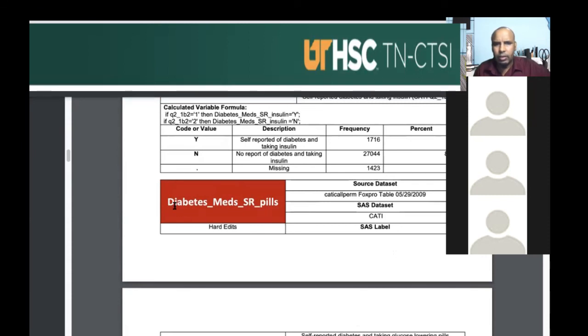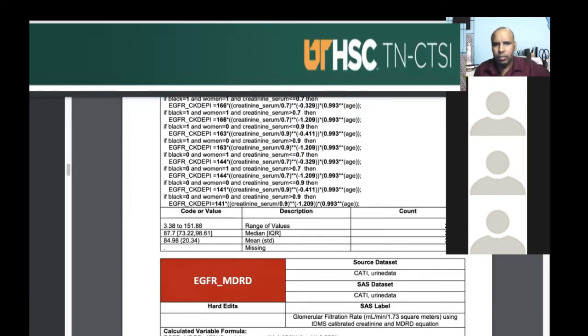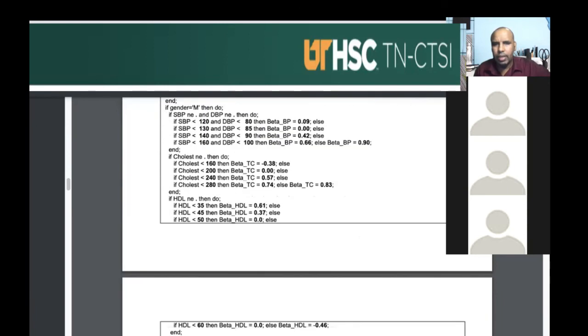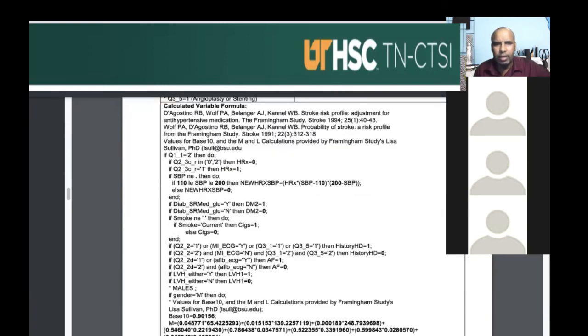We have the diabetes underscore med SR pills. This is how the variable is generated. The code is yes or no. So this is a kind of metadata from the regarded study.